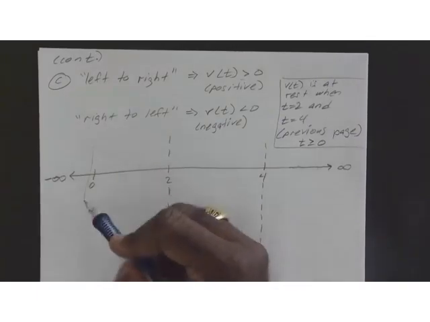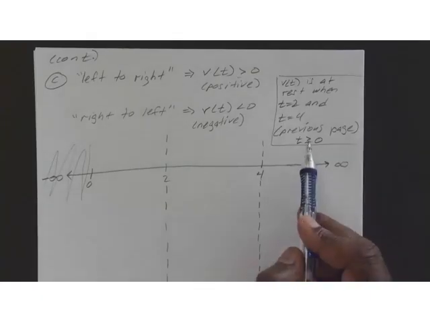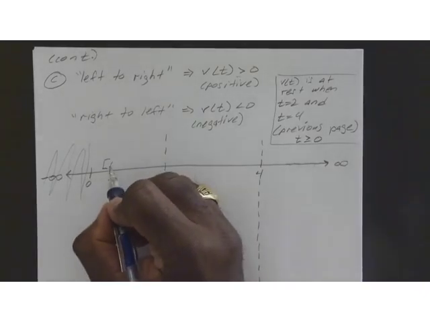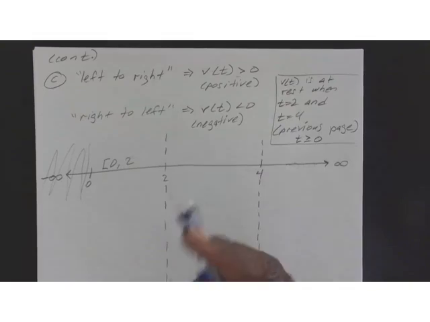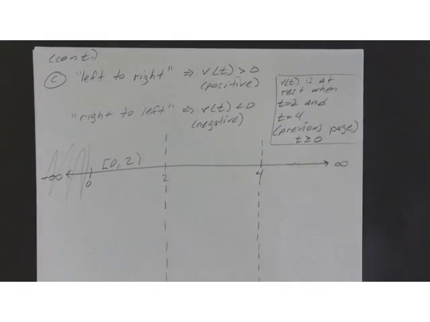That means everything over here we can ignore. So we have the left bracket from the interval from 0 to 2, and t can't equal 2, so we'll put a parenthesis there.